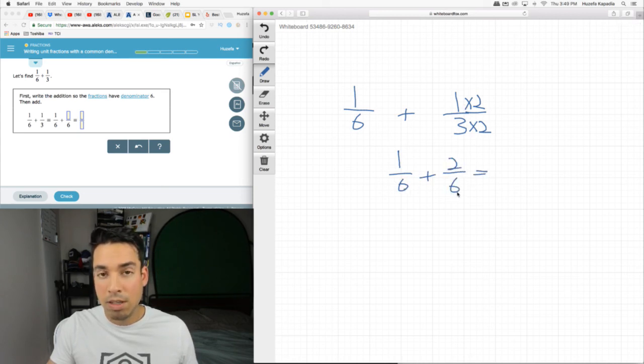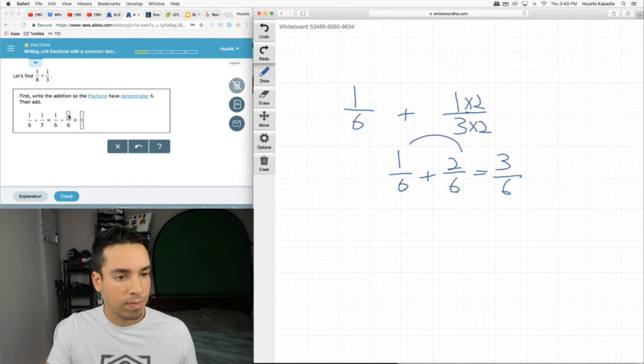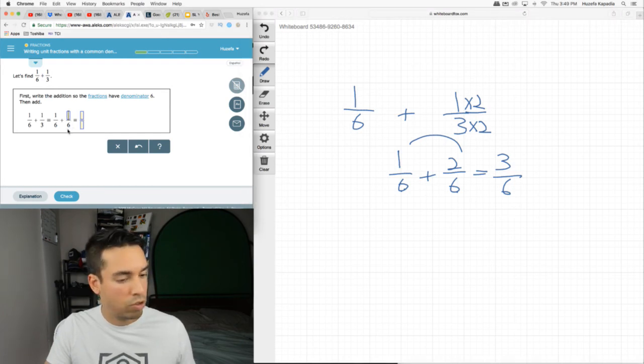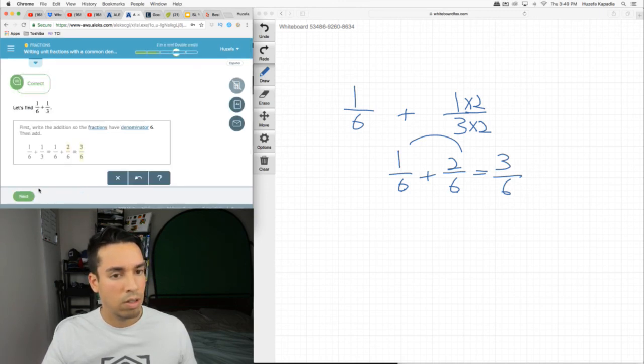Same denominator, so we leave the denominator the same, add the numerators, and we get 3 over 6. So let's fill this in. This becomes 2 out of 6. And then we add, and we have 3 over 6. It doesn't say to simplify. This simplifies to 1 over 2. But let me see. It doesn't say to simplify, so I'm going to just go for it and see what it says. Yeah, cool.